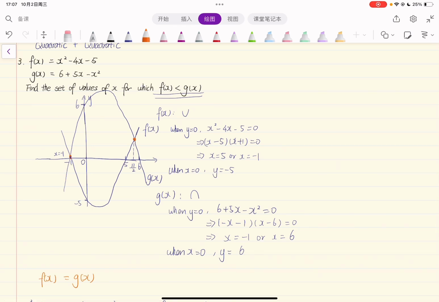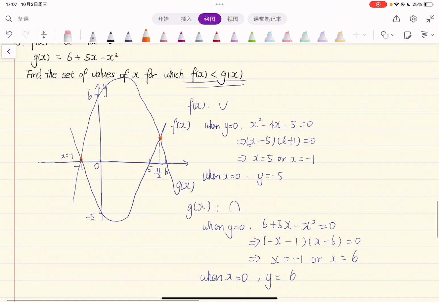So let's go through f(x). From here, we see that f(x) is above g(x), and it changes at x equals minus 1. Now f(x) is below g(x), and then goes through, still below g(x).